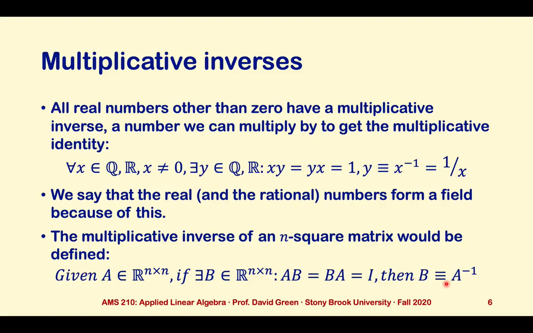Now, this statement is just a definition that if given some A, if we could find such a thing, we would be able to call it an inverse.